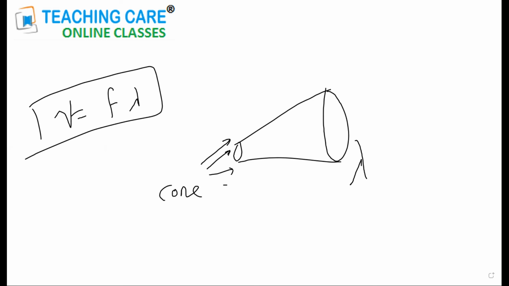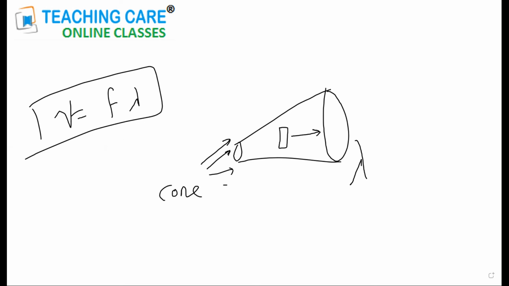Now see, when the cone moves out, what happens? Wherever we place the loudspeaker or the microphone, there will be air around it. The medium will be what? Air. So when we speak something, the cone moves out. Suppose we are speaking from the arrow side. The cone inside it, suppose it is like this, moves out.